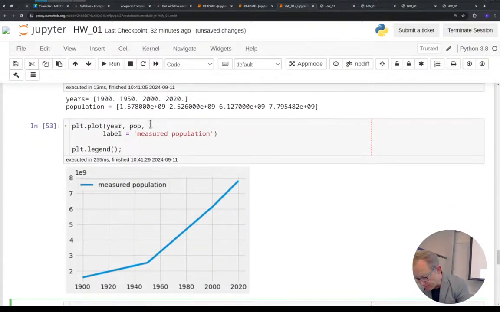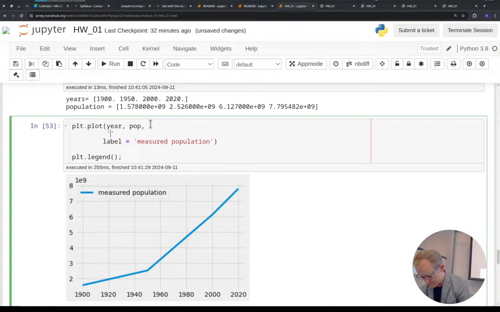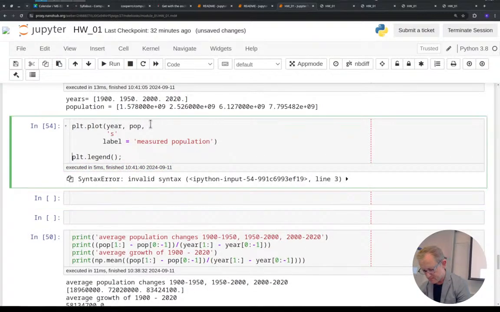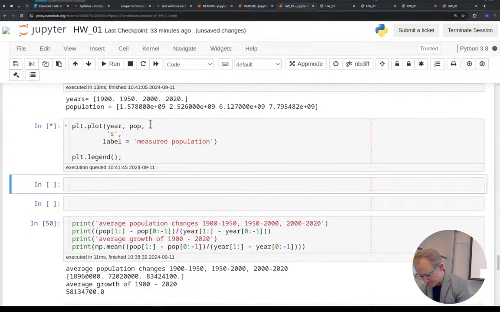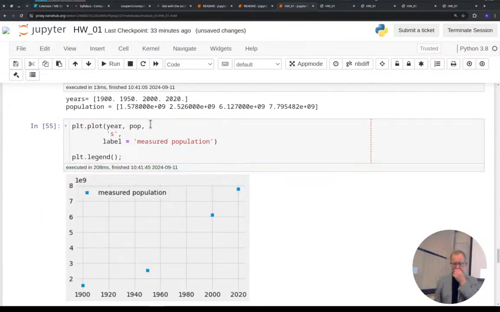And I want to give it an actual label. So measured populations, those are these squares. And roughly, if I squint, it looks like exponential growth. The bigger the population, the more it changed. So I think I'm on the right track.